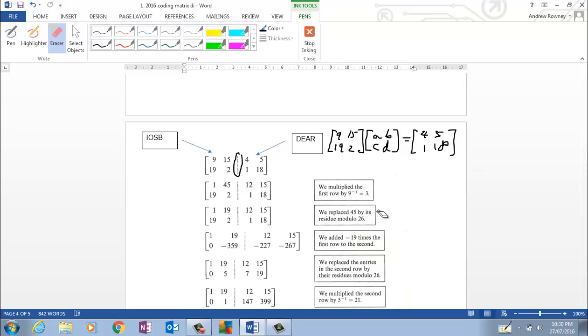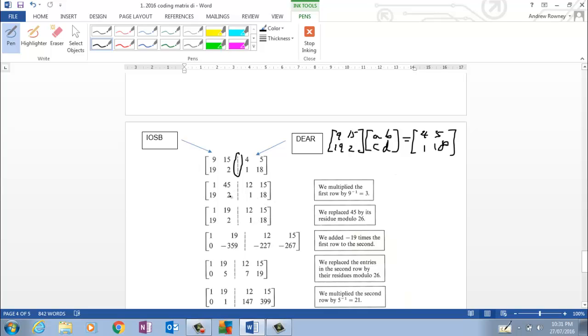as explained here. So the first thing to do is we have to get this to be identity. So this 9 has to become a 1. We need a 1 there, a 0 there, and a 0 there. But we have to do the multiplication and addition rules to the whole row, so we're not changing the equations or the matrices.